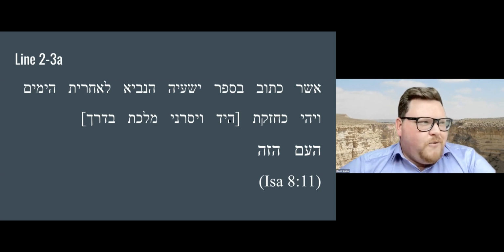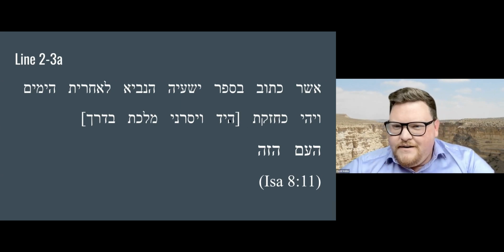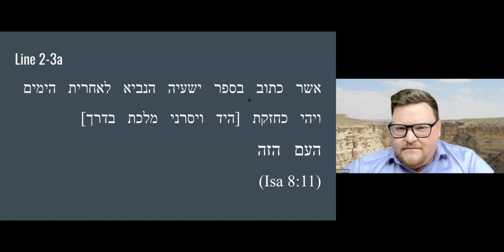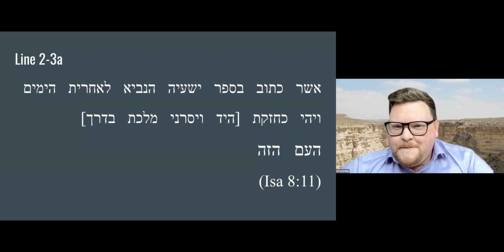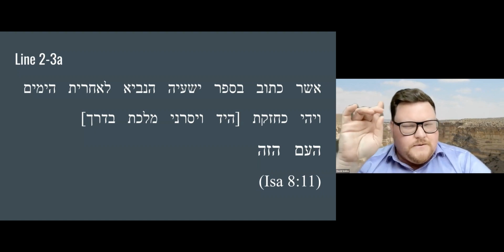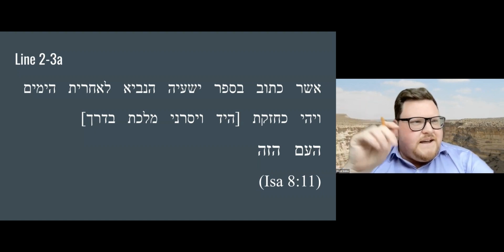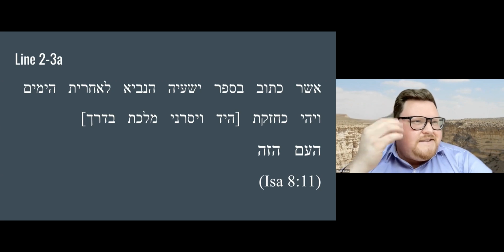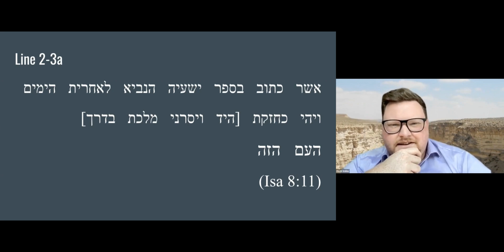Because we got four-ish words that could fit there. We got four words from Isaiah 8, not 38. We'll do Ezekiel 37 later. Isaiah 8, and the next line starts with Ha'am Hazeh.